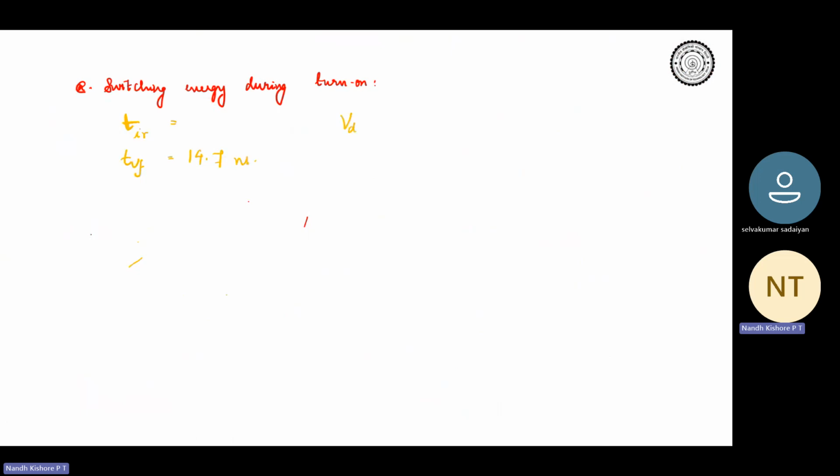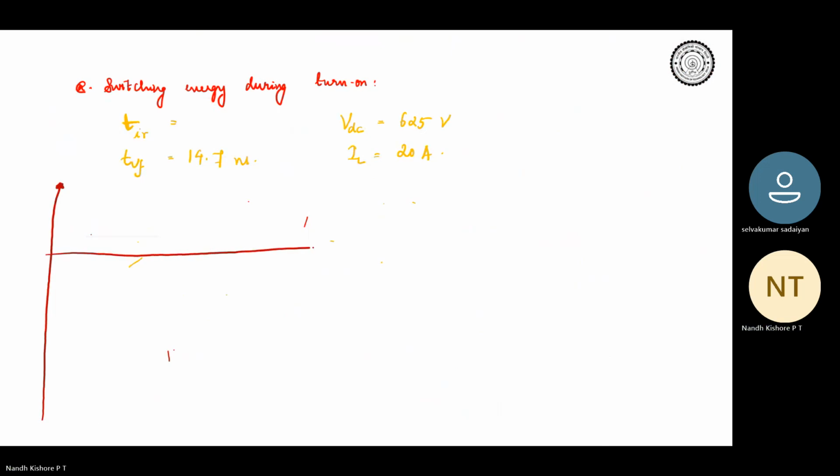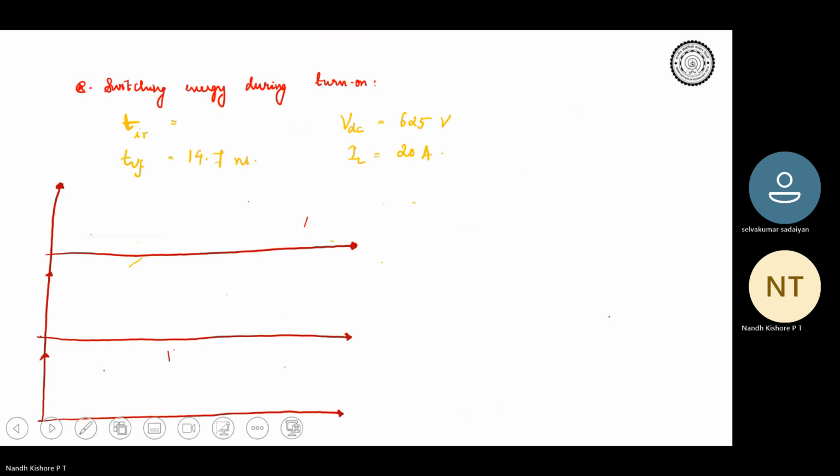VDC was 625 volts, and the current IL was 20 amperes. No worries, if you don't have it, we can just compute.